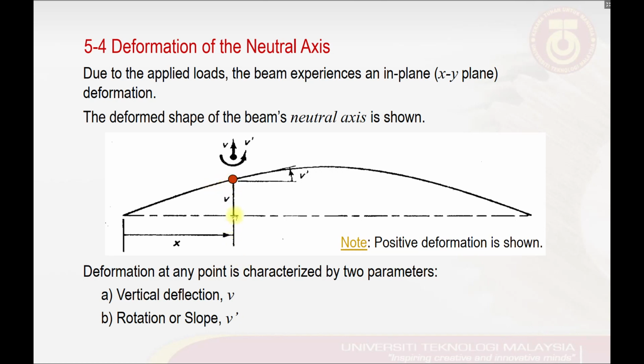And from the rest to there, my body would also experience some rotation, since as we can see we have some slope. That means this particular point experiences a small rotation or slope depending on how much it bends. The positive deflection is in the upward direction, and the positive rotation or slope is in the anti-clockwise direction.